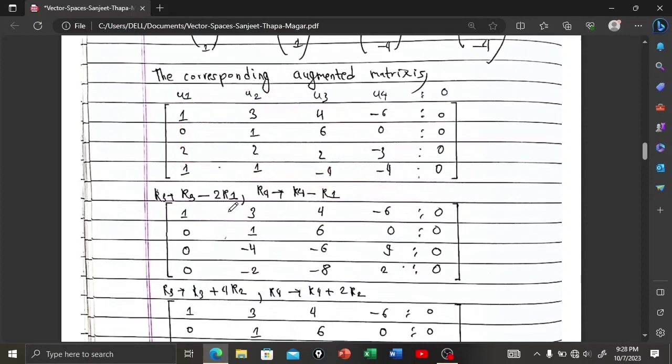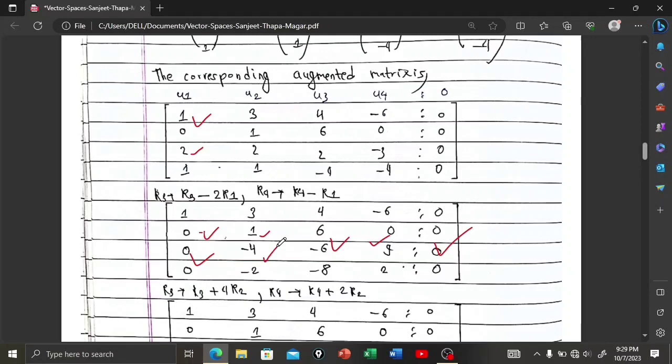R1 and R2 stay as they are: 1 3 4 minus 6, and 0 1 6 0. In R3 it is R3 minus 2 R1. R3 is 2, R1 is 1, so it is 0. Here R3 is 2 and R1 is 3, so it would be minus 4.